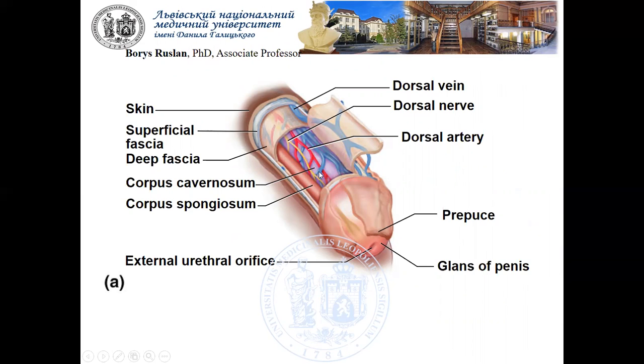The veins and arteries around the penis, the corpus spongiosum and corpus cavernosum. The urethra is made from corpus spongiosum, and the glans penis, right?